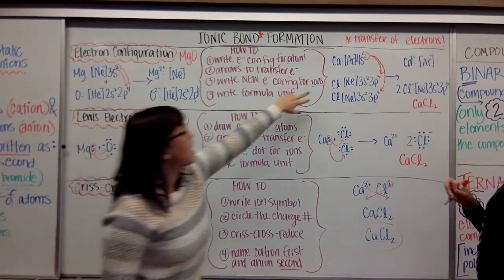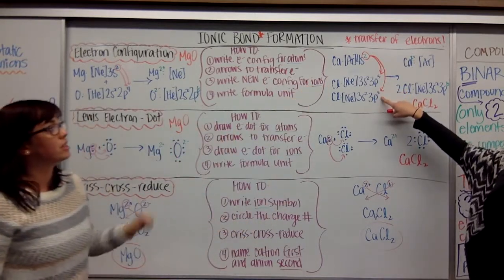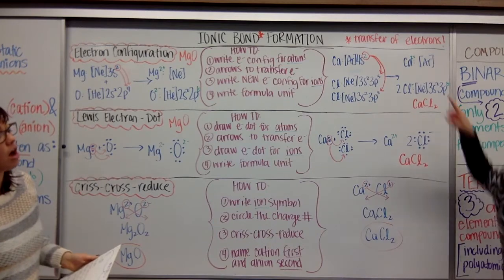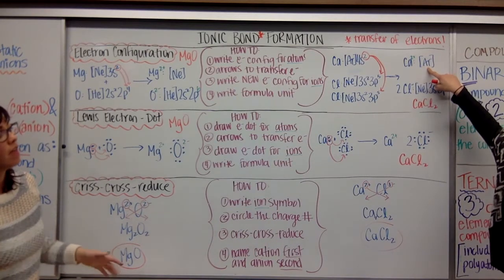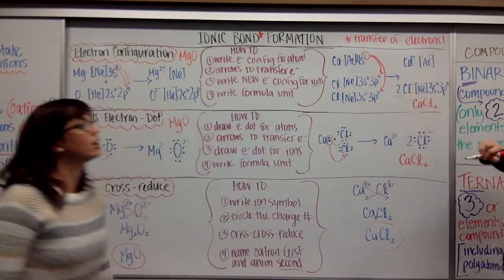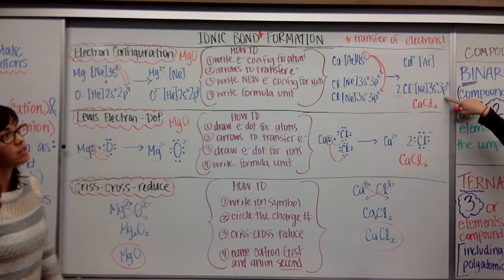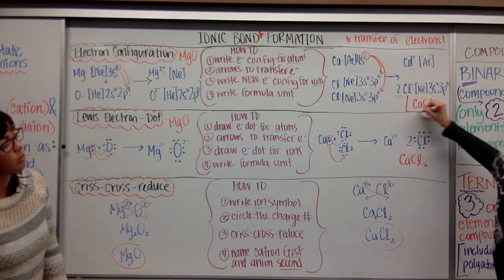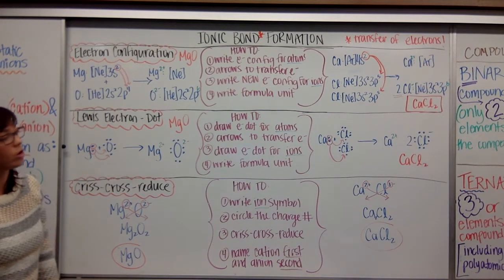So I wrote that electron configuration twice. Now we ended up with our calcium ion, again, looking like our noble gas, argon, and then our 2, that's what this big coefficient represents right there, 2 chloride ions that have our full valence shell. And we end up with what we call calcium chloride.